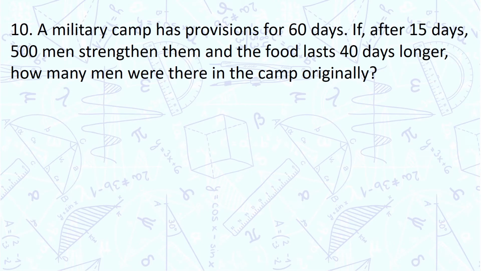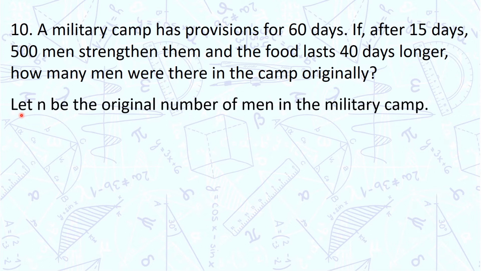Number 10. A military camp has provisions for 60 days. If, after 15 days, 500 men strengthen them and the food lasts 40 days longer, how many men were in the camp originally? So this is an indirect variation. Let n be the original number of men in the military camp.